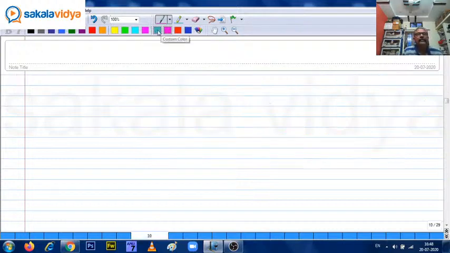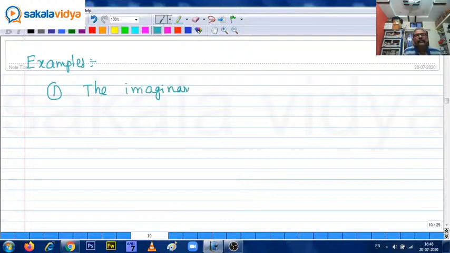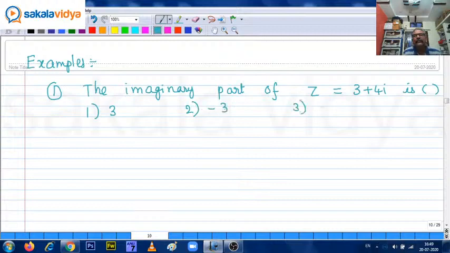Okay, examples. Let us discuss examples. First example. The imaginary part of z is equal to 3 plus 4i is: first option 3, second option minus 3, third option 4, fourth option minus 4.